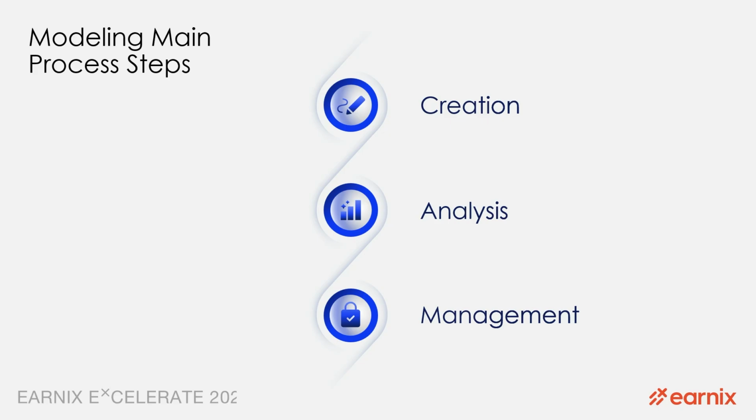For example, I created an XGBoost, and now I want to import it as an ONNX. The second step, the analysis, is when I need to validate that the model that I created is answering my needs and answering the business KPIs, and I want to use it in production. The third step, the management, is when I created the model, validated it, and now I want to deploy it and also to track it, to make sure that everything is fine.